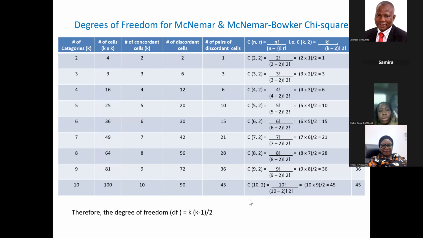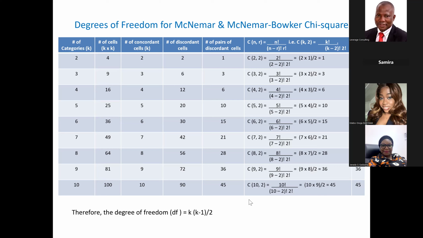You see, for 3 categories, there are 6. You will see that consistently: for 4, there are 12. For 5, there are 20. For 6, there are 30. Those are just to let you know the way it goes.